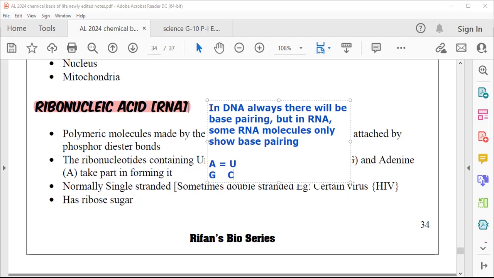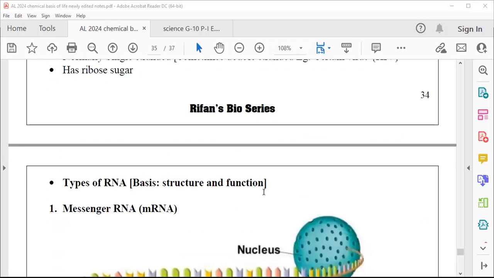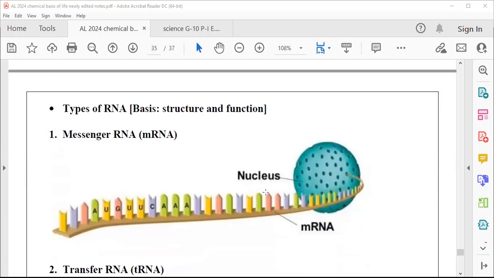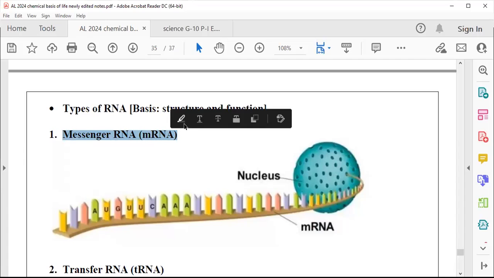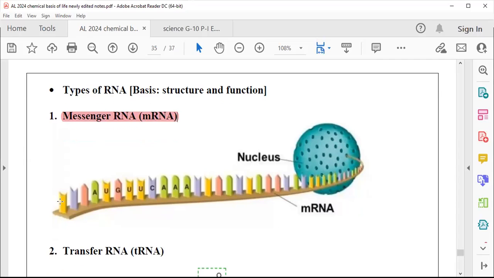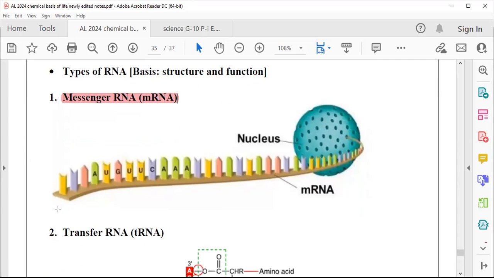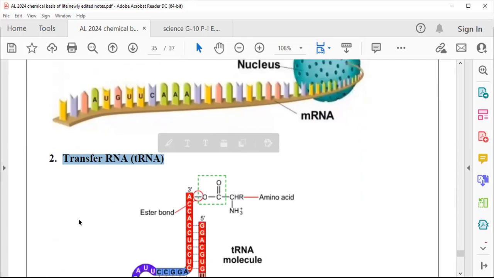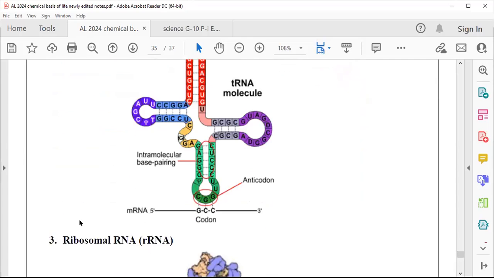Completed? Yes, sir. In RNA, there are 3 types of RNA. Read these names. Messenger RNA, short form mRNA. Second one, transfer RNA, tRNA.